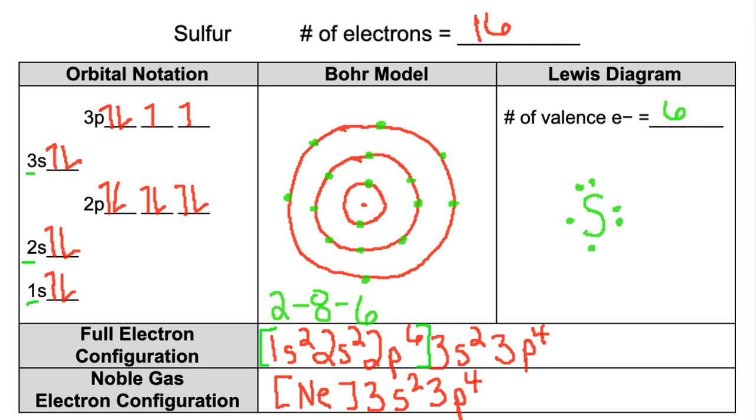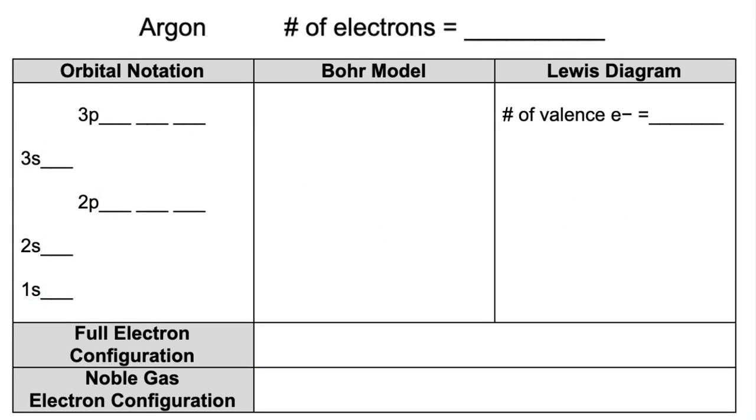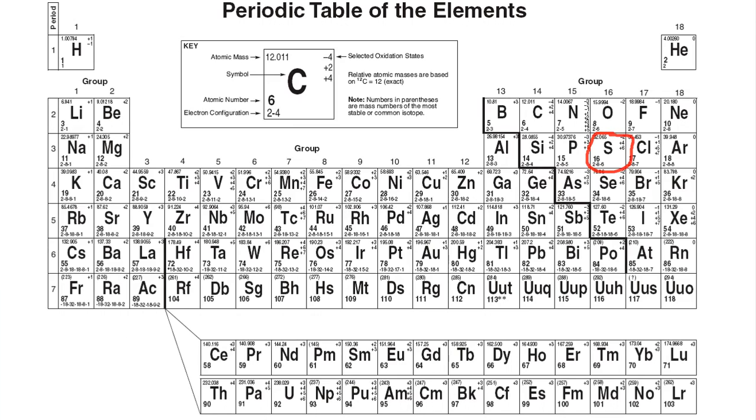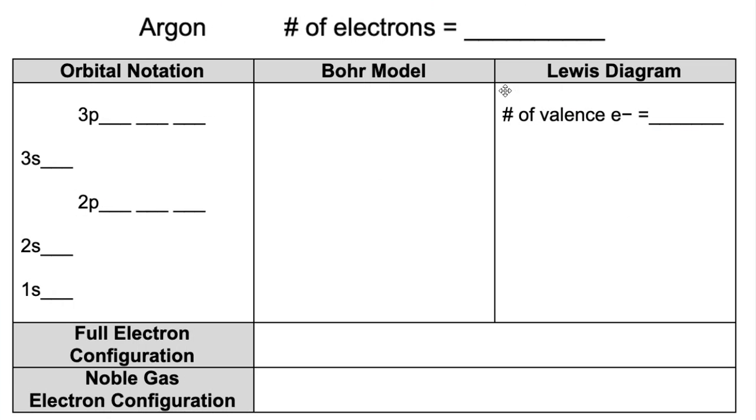Okay, there are two more examples. Argon. Argon is element number 18, found right here. It has 18 protons, and as a neutral atom, it's also going to have 18 electrons.